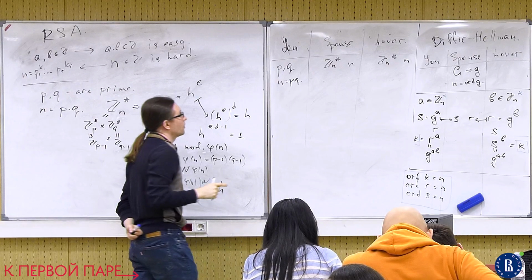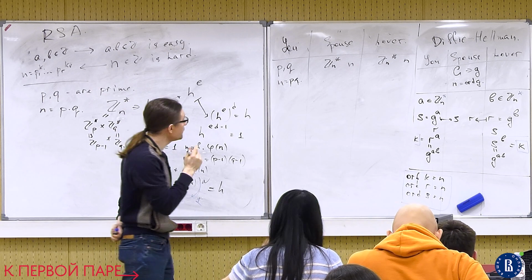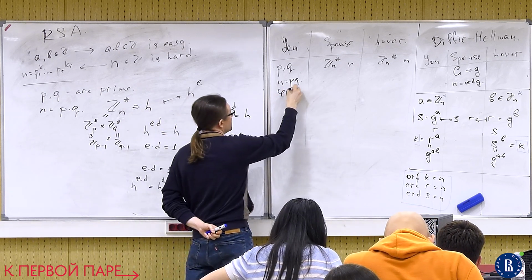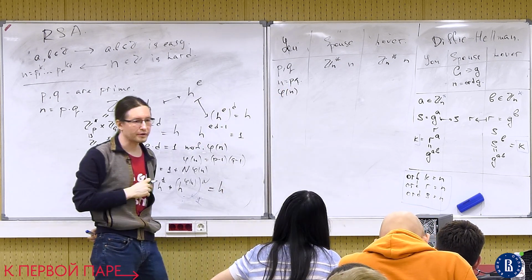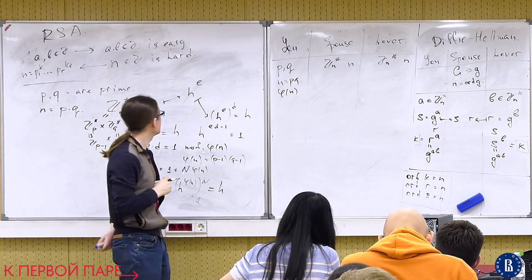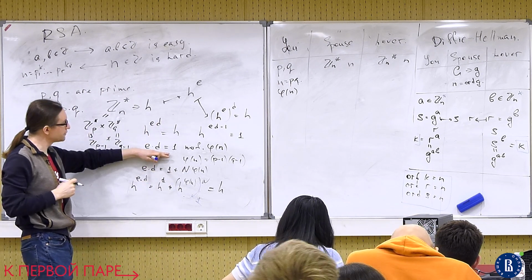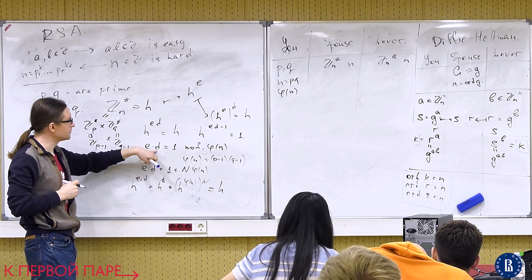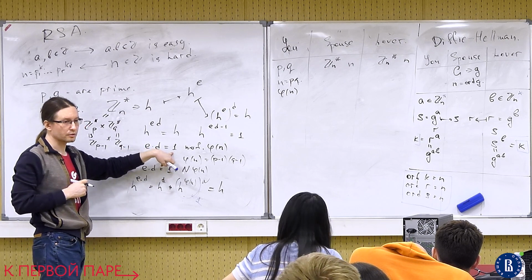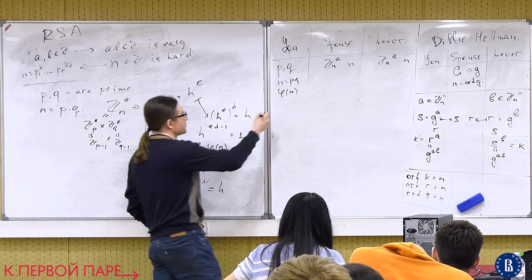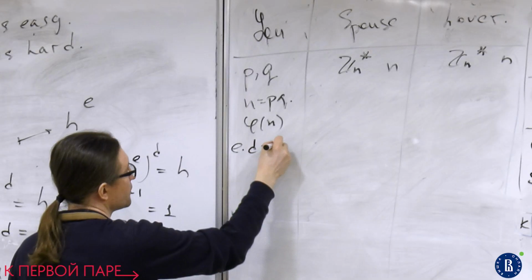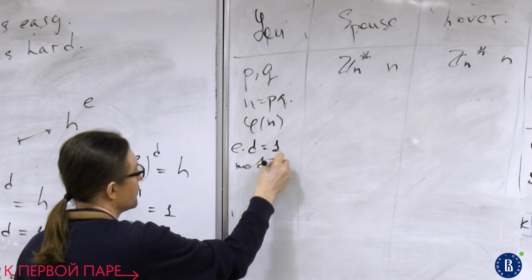Now, only you know the number phi n. And now you have to produce two elements E and D such that this equality holds. Okay? So you produce these elements E and D such that this holds.